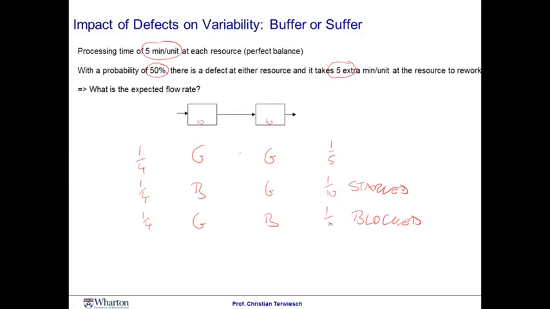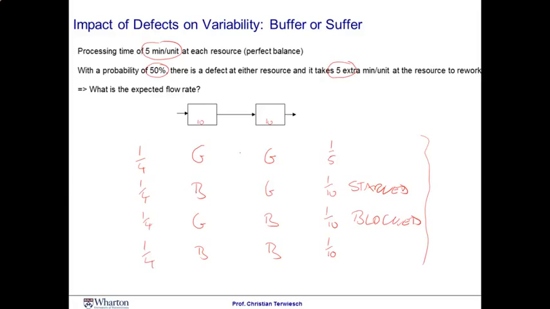And then finally, of course, if both of them mess up, which also happens with a probability of 1 over 4, I'm also going to get a process completed every 10 minutes. So you notice that on average, the flow rate is actually dramatically slower than 1 unit every 5 minutes. That is because of the variability.